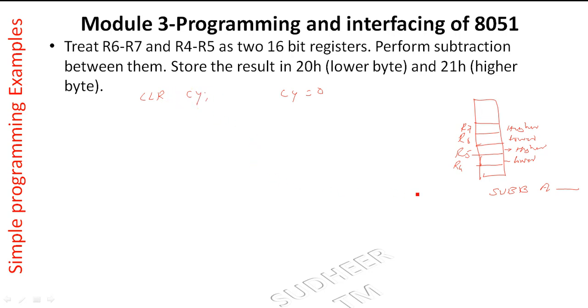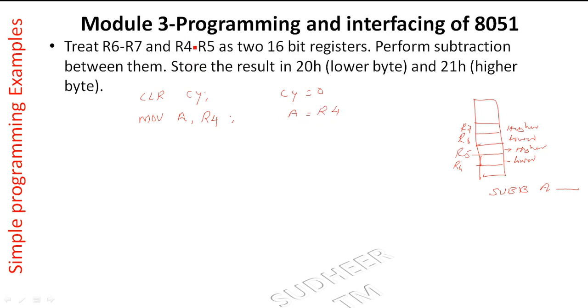Now to subtract, we should take R4, the lower byte of the subtrahend, to the accumulator or any register. So move A comma R4. This instruction will make accumulator equal to R4.